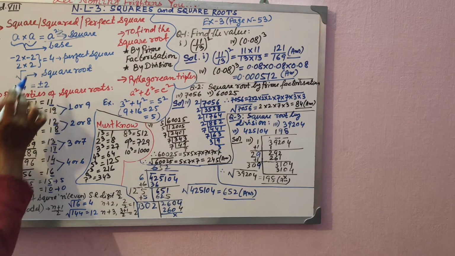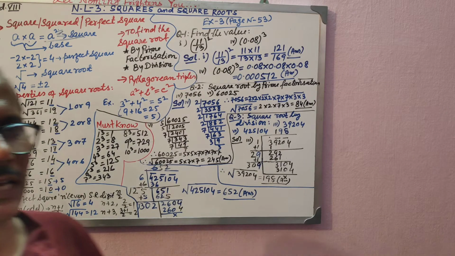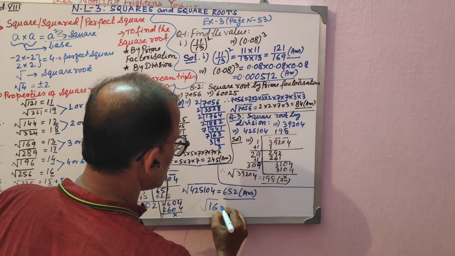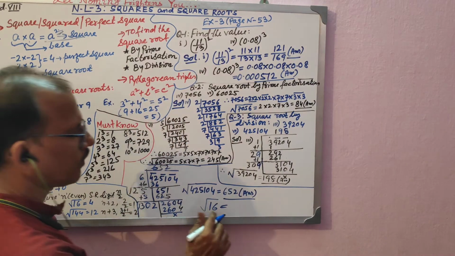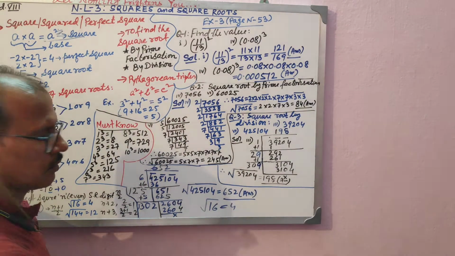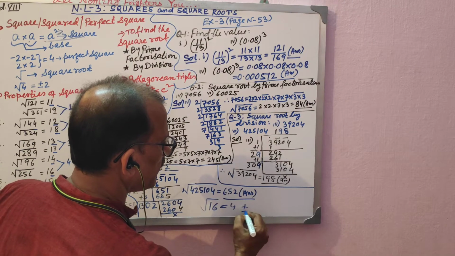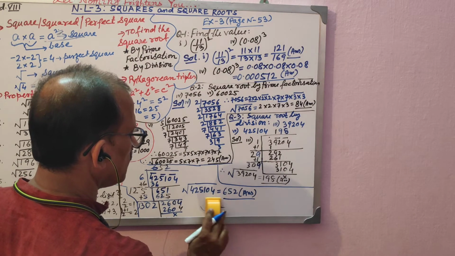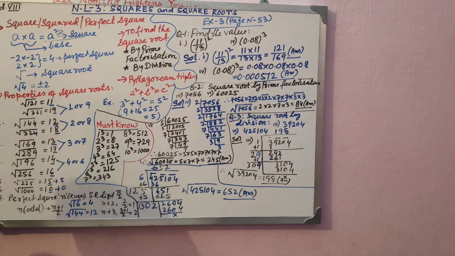Similarly, 2 multiplied by 2 also will be 4. So, the square root of 16 is not just 4, but plus minus 4. Mind it. Could you understand? So the square root value always will be plus minus. I hope you have understood.